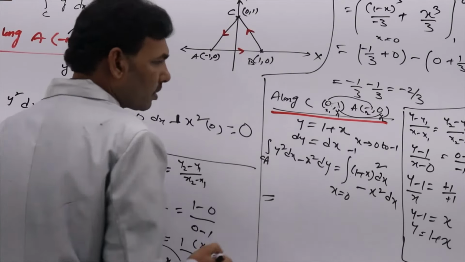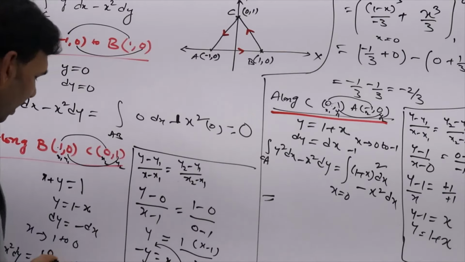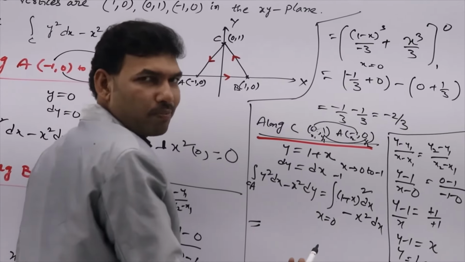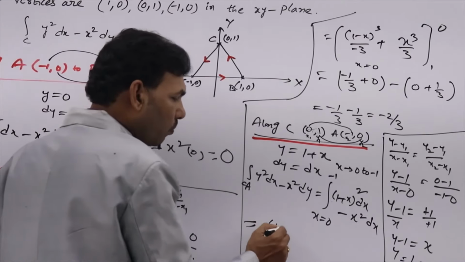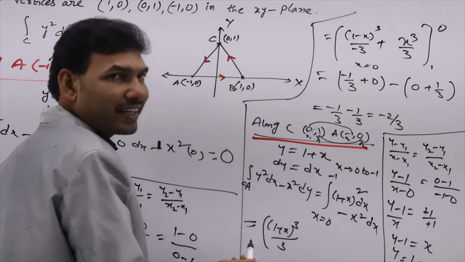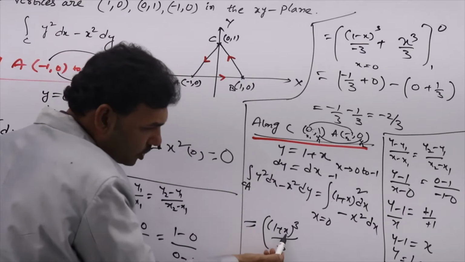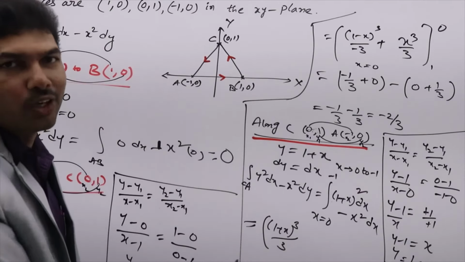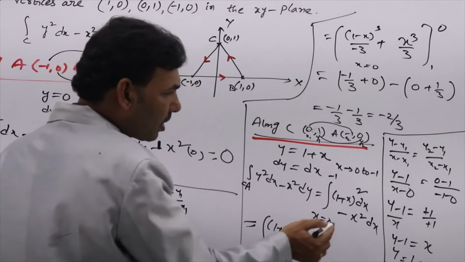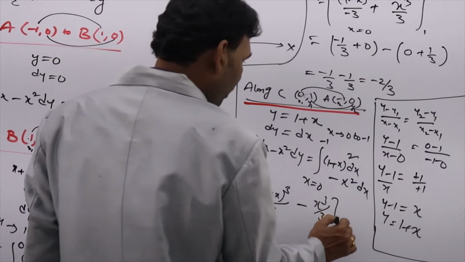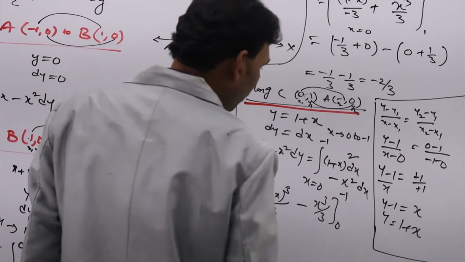So as in the previous one, the integral of x power n is x power n plus 1 by n plus 1: (1 plus x) whole cubed by 3. Again if you differentiate the inner term, differentiation of 1 is 0, differentiation of x is 1; 3 into 1 is 3 only, no need to write. Coming to here, the integral of x squared is x cubed by 3, from the limits 0 to minus 1.